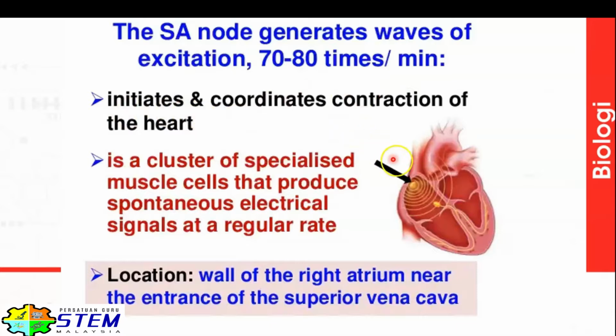And again, the SA node is the cluster of specialized muscle cells that produce spontaneous electrical signals at a regular rate, and it is located at the wall of the right atrium near the entrance of the superior vena cava. This is the superior vena cava, so the SA node is located near its entrance.